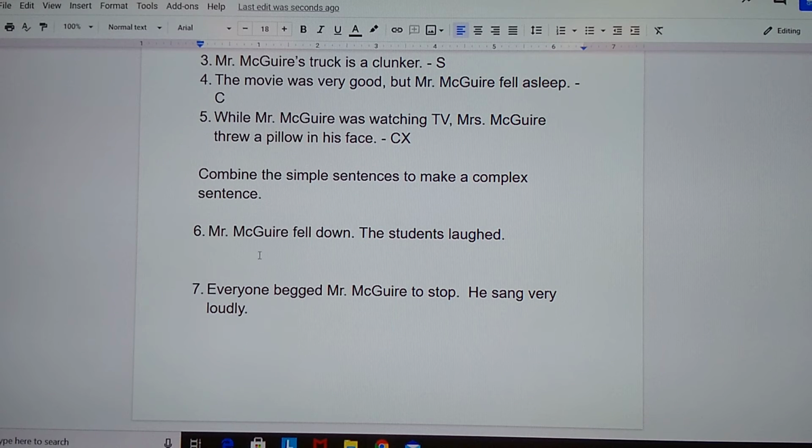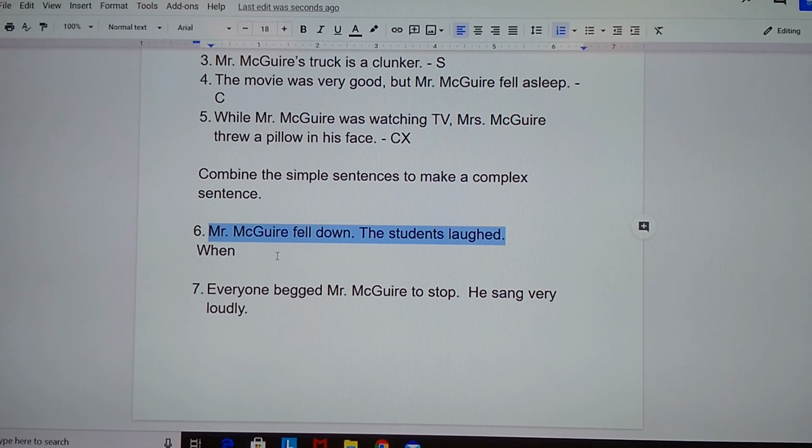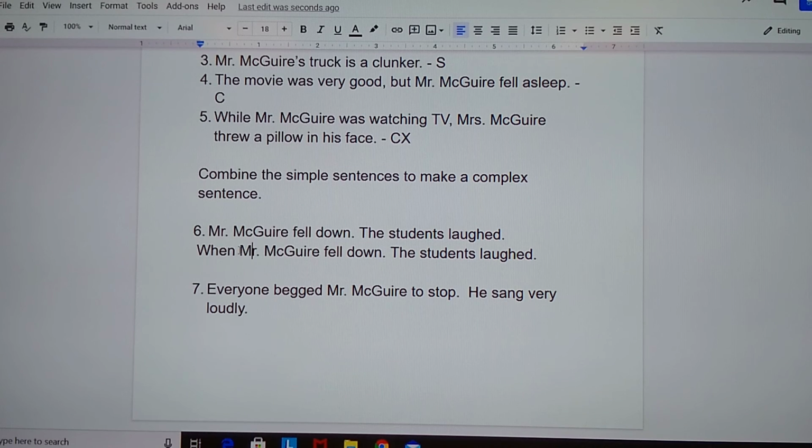Number 6, Mr. McGuire fell down. The students laughed. So, I could say, when Mr. McGuire fell down, comma, the students laughed.